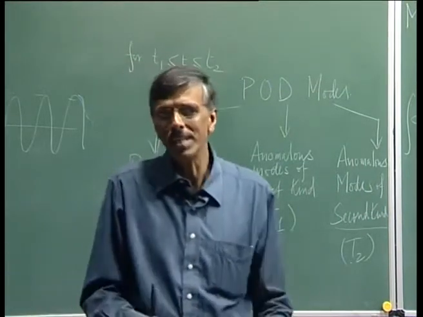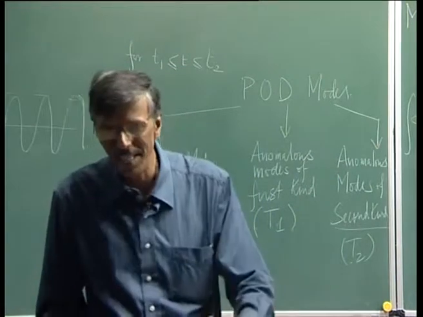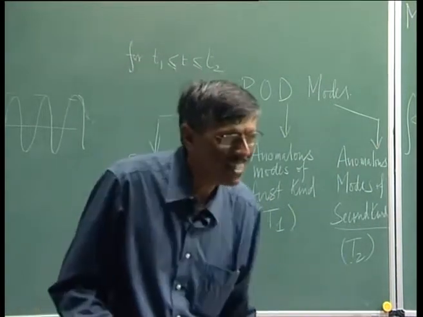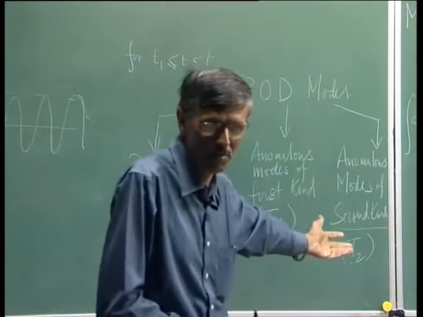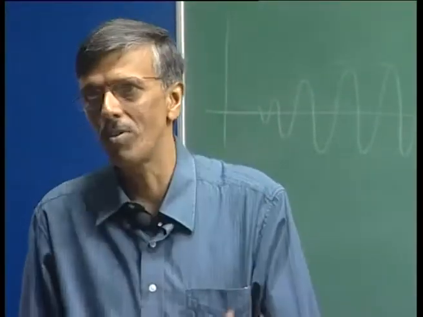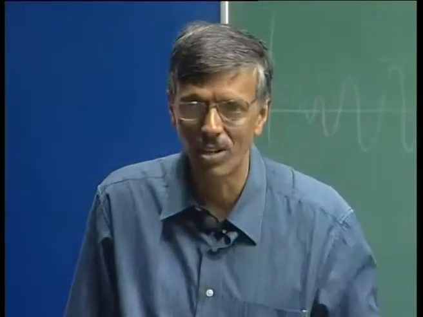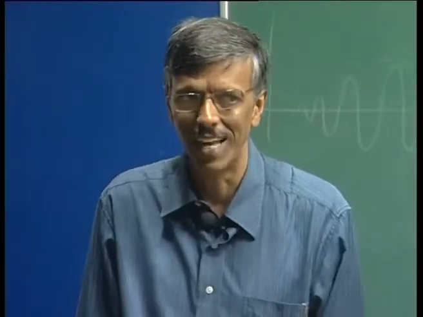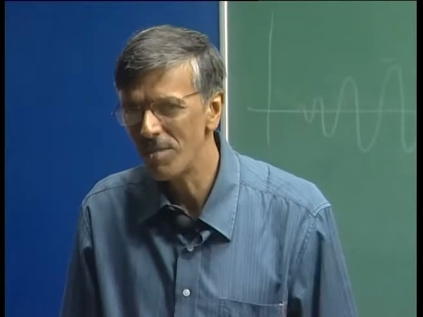So the basic intention is to convert the PDEs into ODEs, because your space dependence is given in terms of your phi's. So once you have put in that information and integrated over the whole domain, then you will get that. But there is a problem.